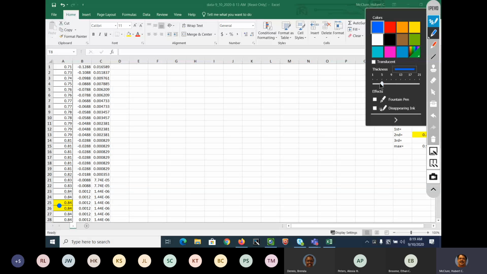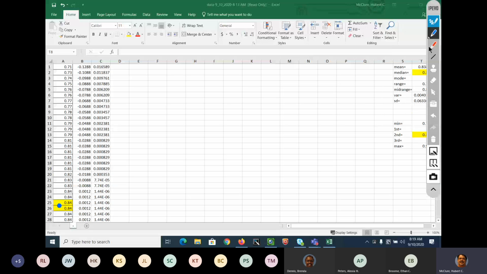So that means you just have to pick it, and half of 25 is 12. So that means the 13th number is your first quartile. Well, I'm sorry. Blue dot. There's 25 numbers. So I'm going to pick number 13, which is 0.79.